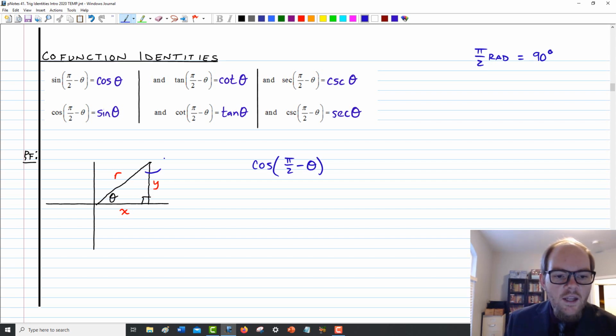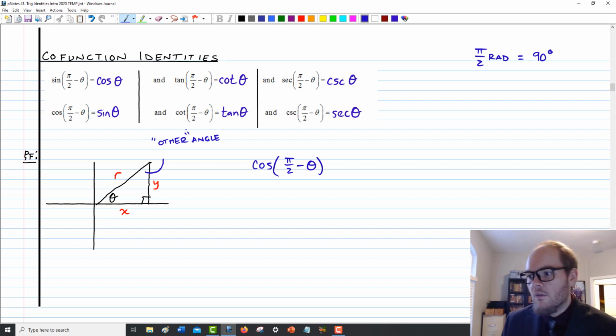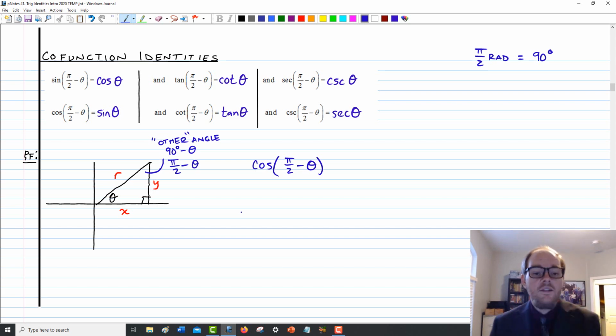Up here, this other angle, we know it has to be the complement of the angle in the lower left corner, meaning that those two add up to 90, so it's equal to 90 degrees minus theta, or more likely, since we're using radians, pi over 2 minus theta.